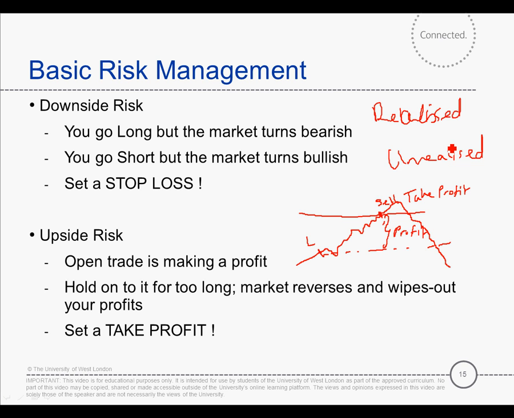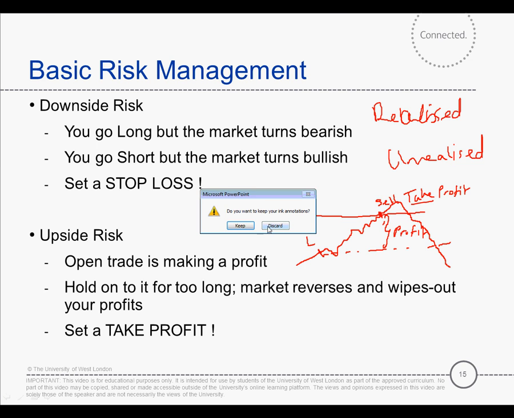That is, it's open, it's making profit because the price is going up, but you haven't closed it yet, so the profits are not realized, they're unrealized. And the danger with unrealized profits is, like you see here, the market may turn and you will go from a position of unrealized profit to an unrealized loss. Okay? Unless you set your take profit.